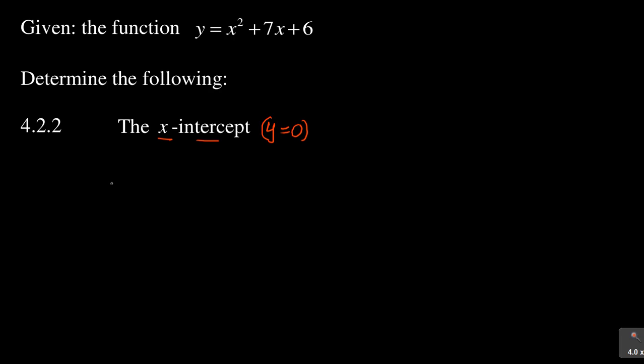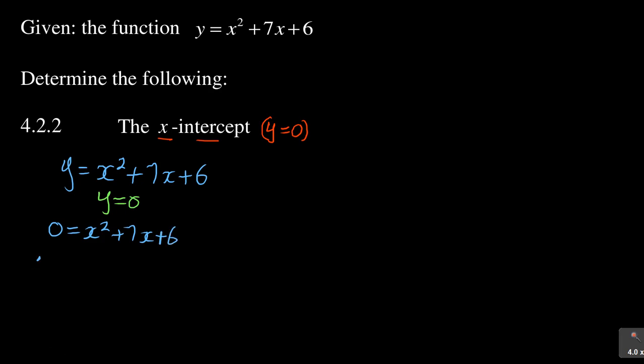And if you are to solve it, your main equation is that. Now in this scenario, remember, your y is equal to 0. So when you substitute where y is 0, you're going to have 0 is equal to x squared plus 7x plus 6.